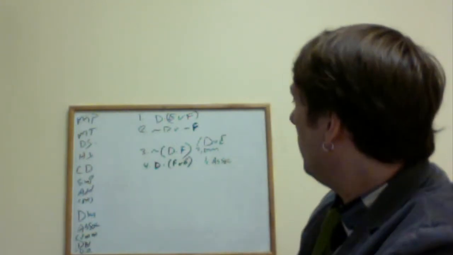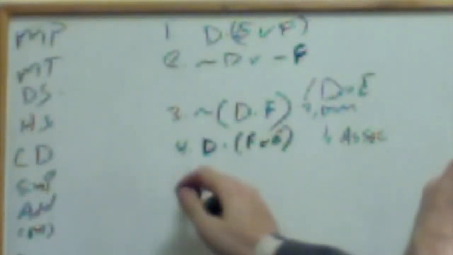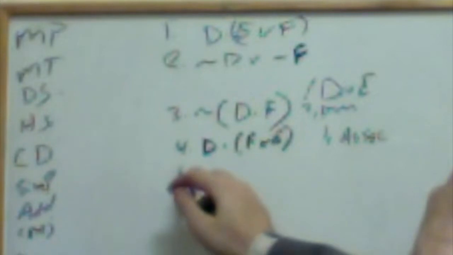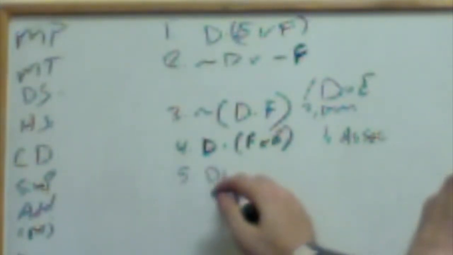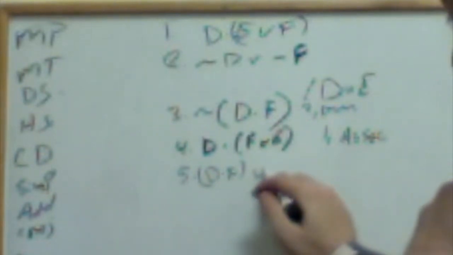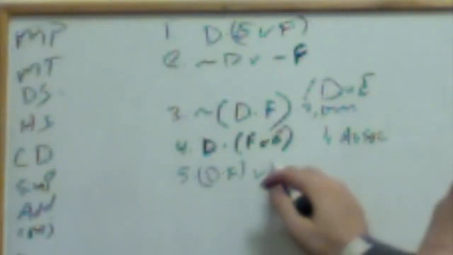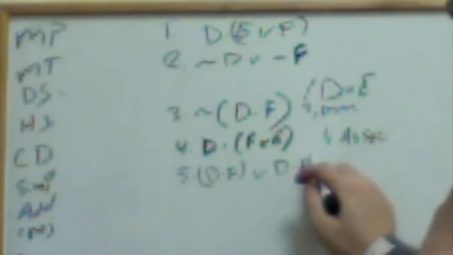Okay, so now we can move this in here and use the distribution rule here. That would give us D dot F wedge D dot E. There we go.